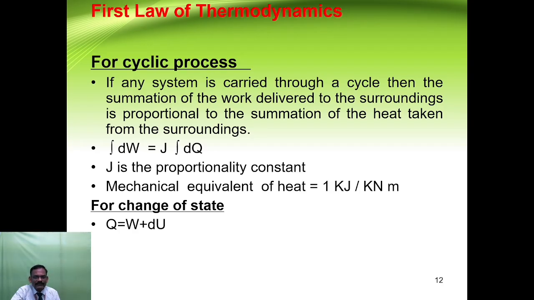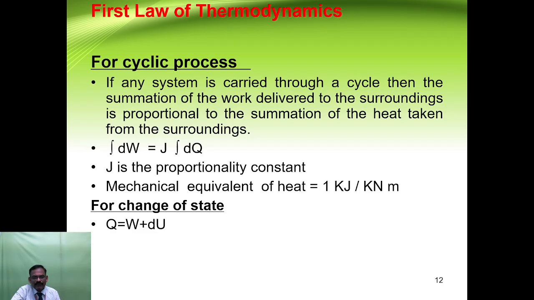Then for change of state, it is represented as Q equals W plus dU. What is Q? Q is the heat transfer or heat energy, W is work, and dU is the change in internal energy. So in the change of state, the complete conversion of heat into work is not possible.